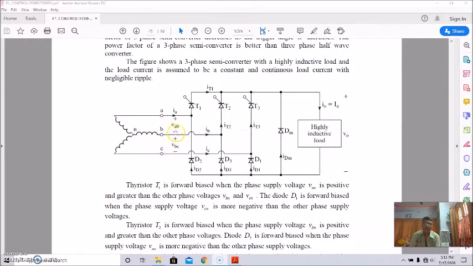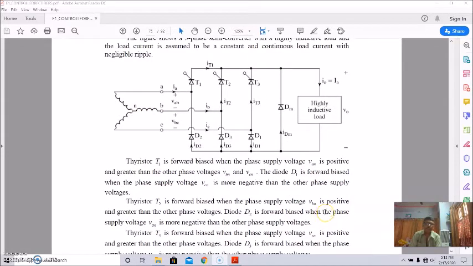So these are phase voltages and these are line voltages. VAB is the line voltage between A and B, VBC is the line voltage between B and C, and VCA is the line voltage between C and A. But VAN, VBN or VCN is the phase voltage.